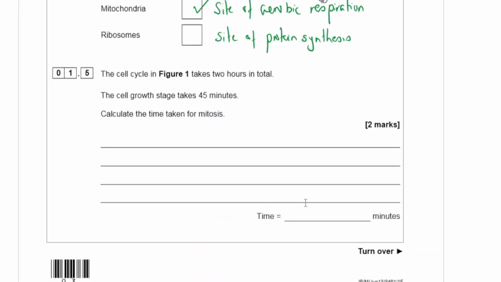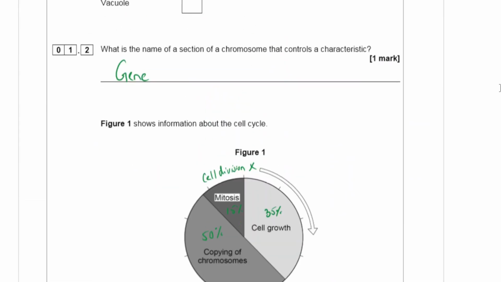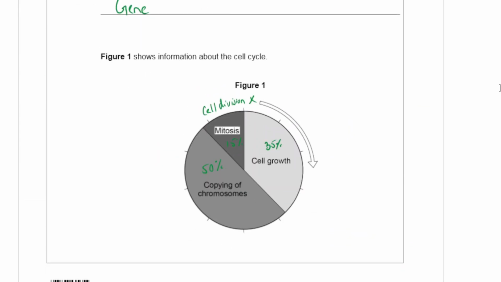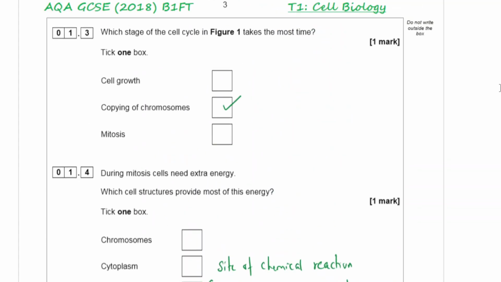The cell cycle in figure 1 takes 2 hours in total. The cell growth stage takes 45 minutes. So if the cell growth stage takes 45 minutes, calculate the time taken for mitosis. Okay, so let's have a look back at this. So cell growth is taking 45 minutes.